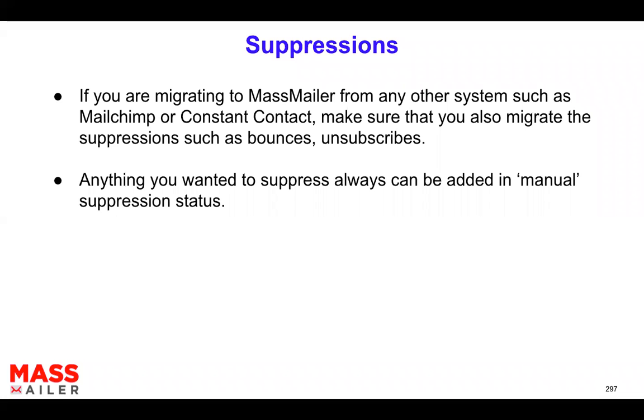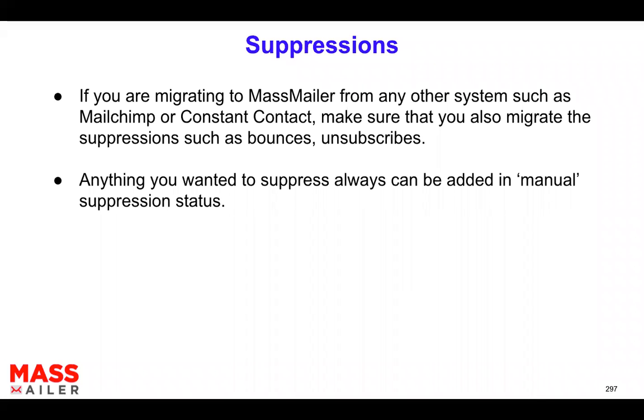That feature is available. If those are already flagged in your Salesforce database, that may make it very easy. You just have to add them to the suppression list. We have a feature that's already part of MassMailer, and you can also go through the video that I spoke about, the same thing in a separate webinar topic.